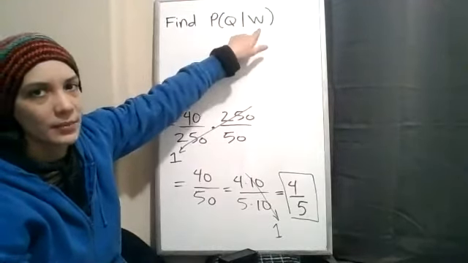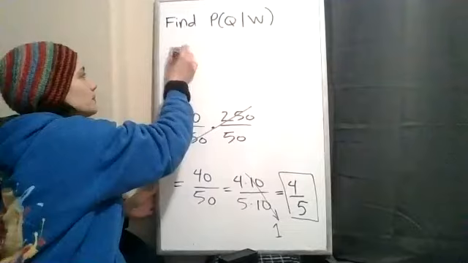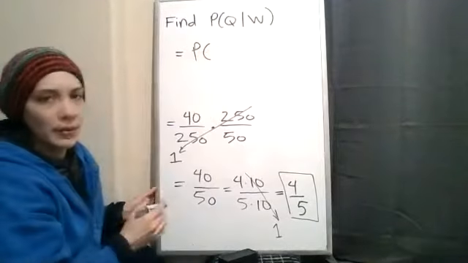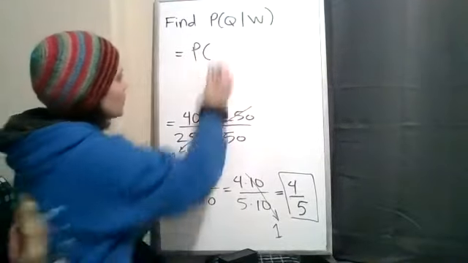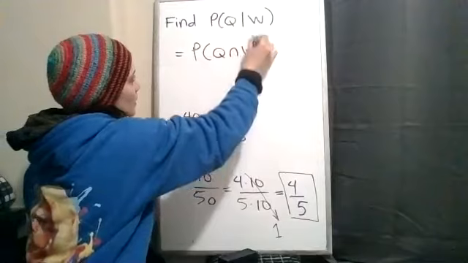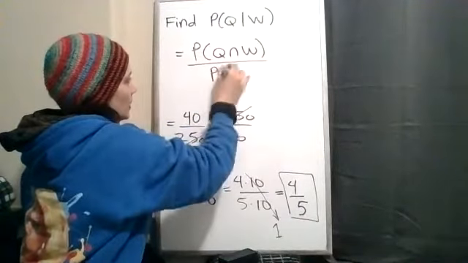Probability Q given W is the probability of Q and W divided by the probability of W.